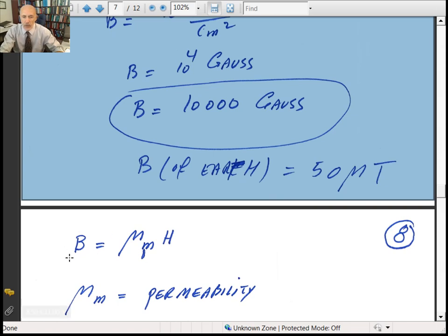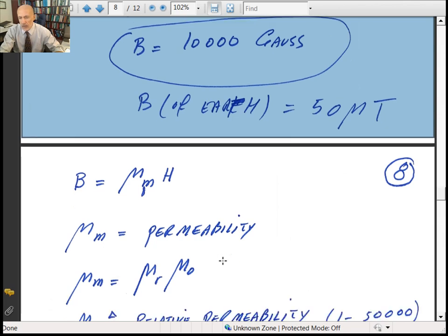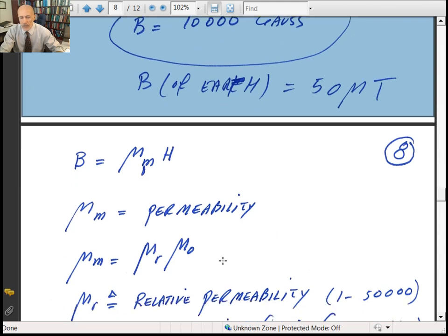It gives you the correlation between the magnetic flux density B and the magnetic field intensity H. That's known as permeability, and we're going to see in a minute what the permeability actually represents. It's just a measure of how easy it is to take any ferromagnetic materials and convert them into a permanent magnet. The permeability is equal to mu sub r times mu sub 0.